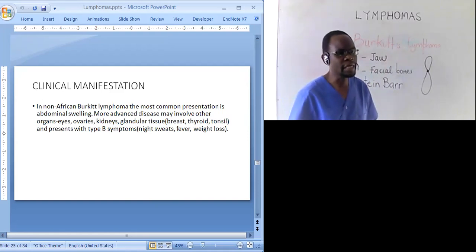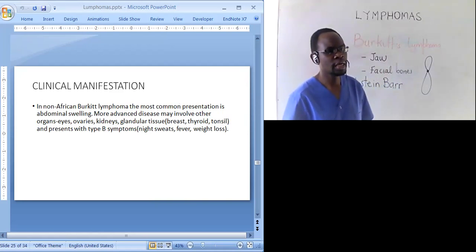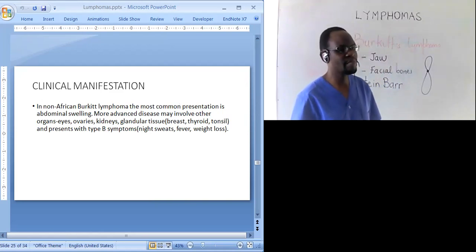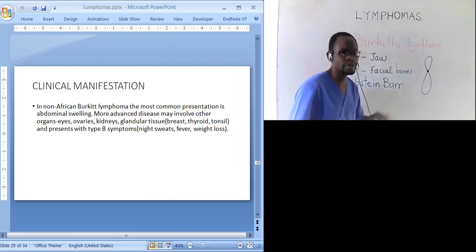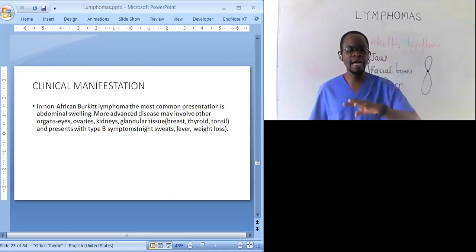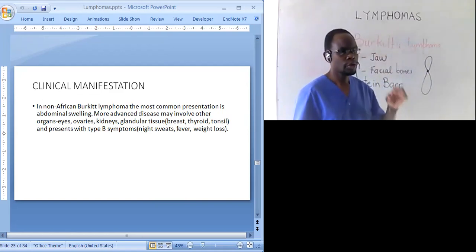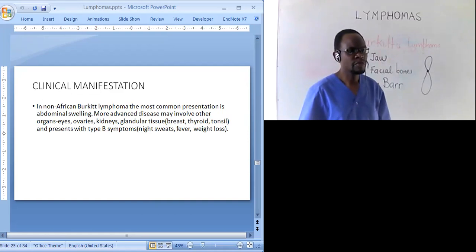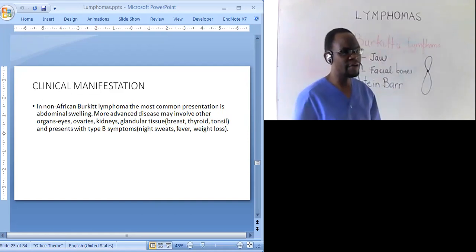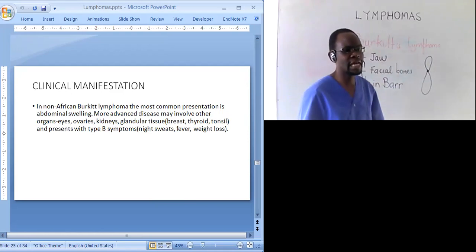So as far as clinical manifestations are concerned, in non-African Burkitt lymphoma, remember this lymphoma is also found outside African countries. When you say non-African, it basically means maybe Europe or the United States. The most common presentation is abdominal swelling.